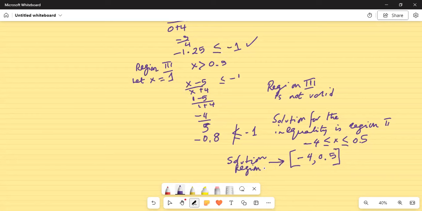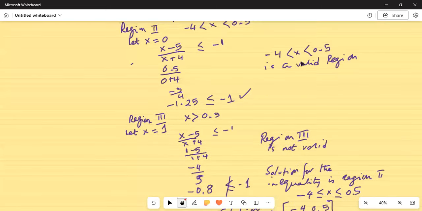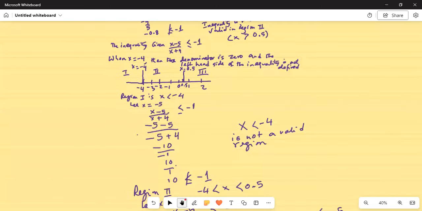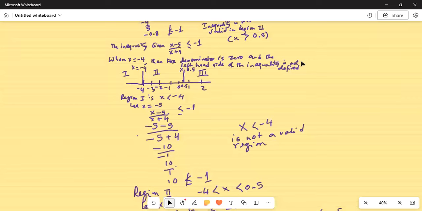So let me summarize what I did. The inequality given is x minus 5 divided by x plus 4 less equal to minus 1. The denominator is 0 when x is minus 4.